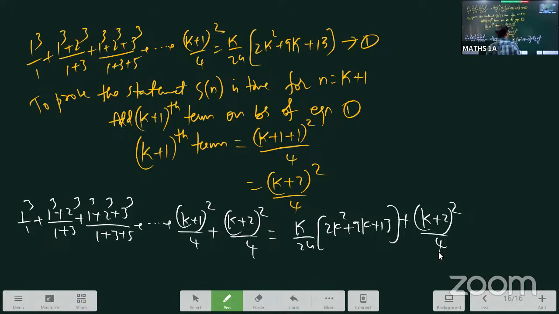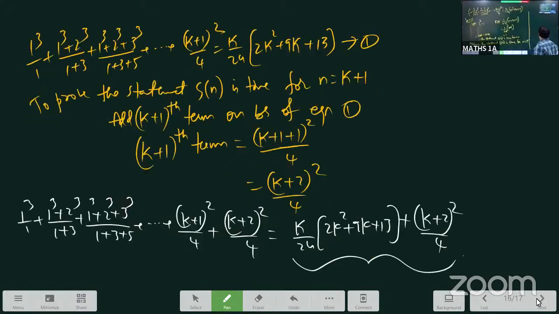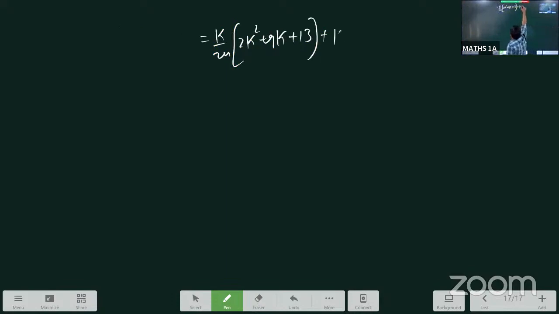Is it clear? Now let us solve this RHS. Once again, I will write that RHS here: k/24 (2k²+9k+13) + (k+2)²/4, that is (k²+4+4k)/4. The LCM of 24 and 4 is 24.